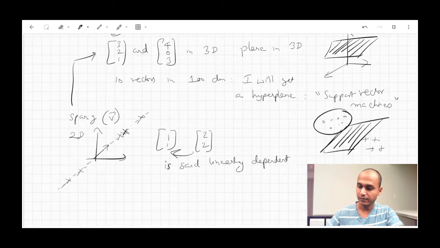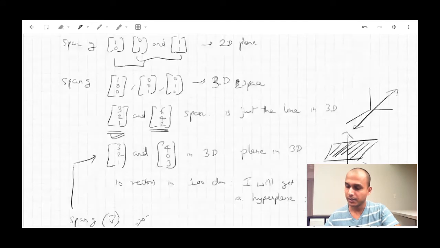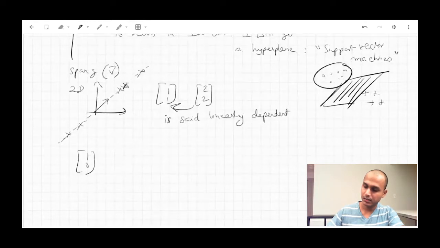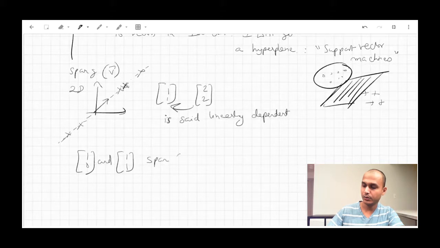So for example, the vectors 1, comma 0 and let's say 1, comma 1 span the 2D space.